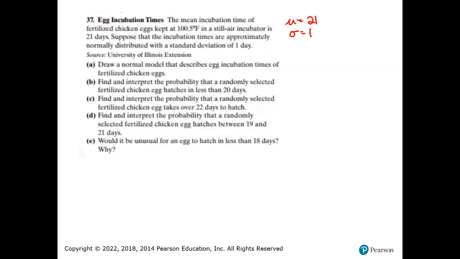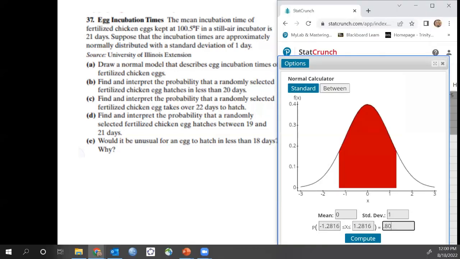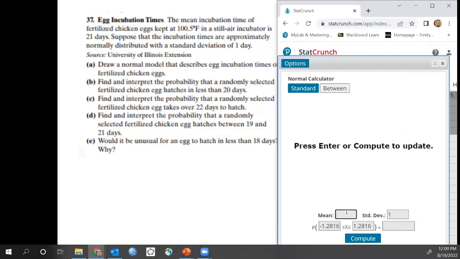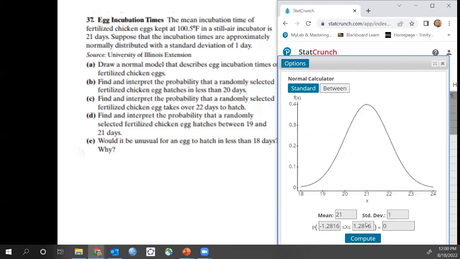So what we want to do first is just create my normal curve. So I can go right here. My mean is 21. My standard deviation is 1. And then I can just click compute. It's going to give me the 68, 95, and 99.7 values.